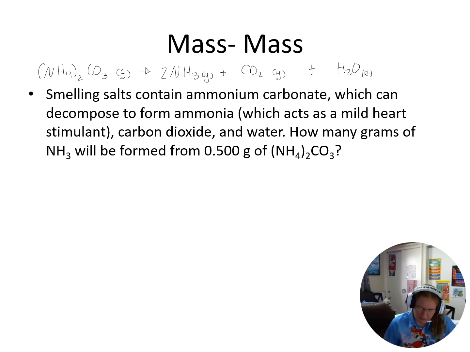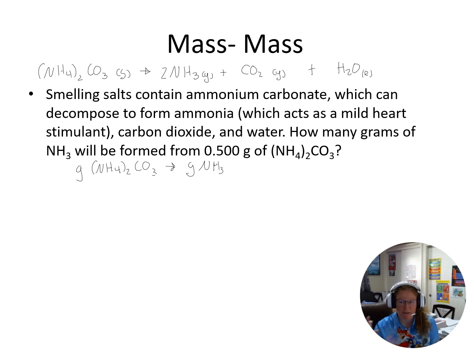All right, so what we're doing here, we want to know how many grams of ammonia are formed from grams of ammonium carbonate. So we're going to go from grams of ammonium carbonate to grams of ammonia. And again, I can't do grams of one to grams of the other because they have different molar masses.